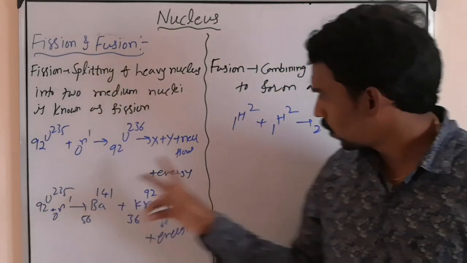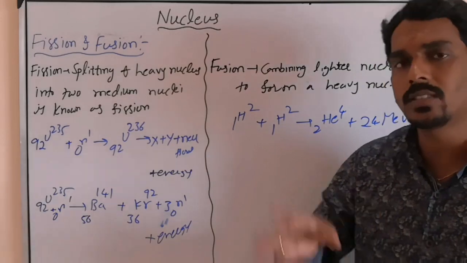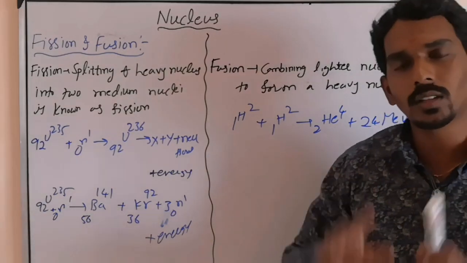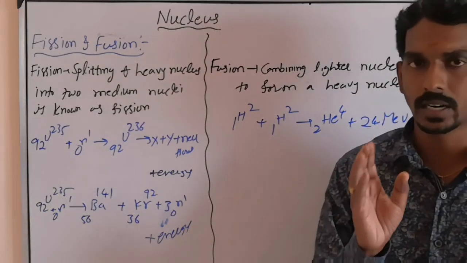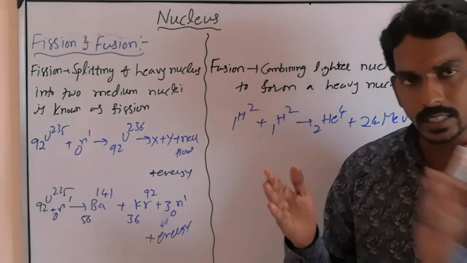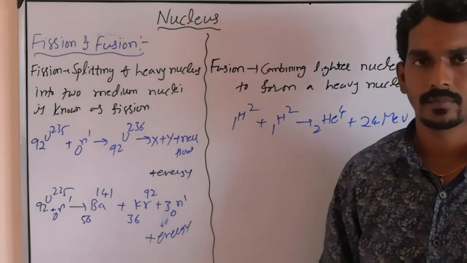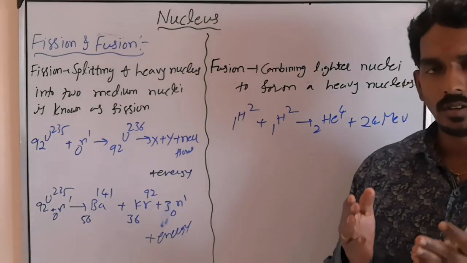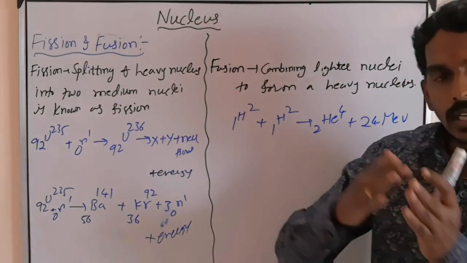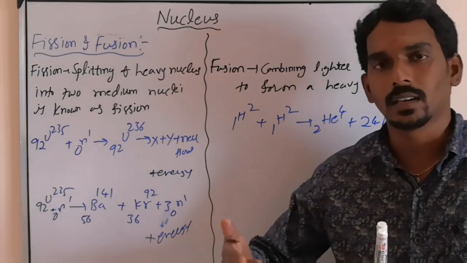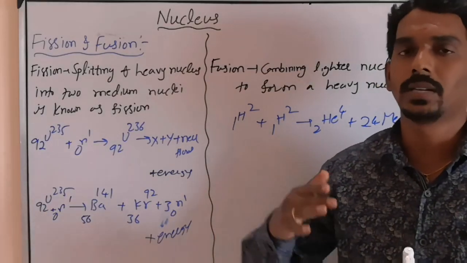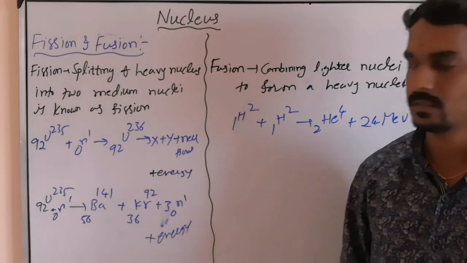Both the lighter nuclei as well as the heavier nuclei are unstable. Please try to understand: mass number less than 30 and greater than 170 are all unstable. So when lighter nuclei combine, they become heavier, and energy is released because binding energy increases.